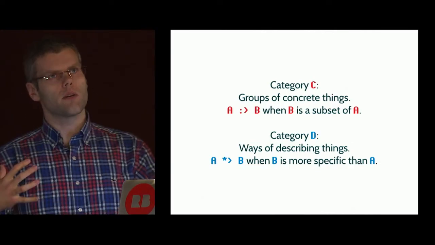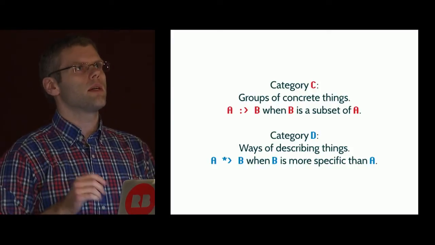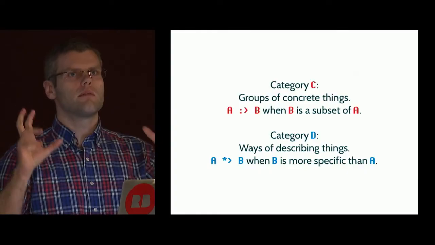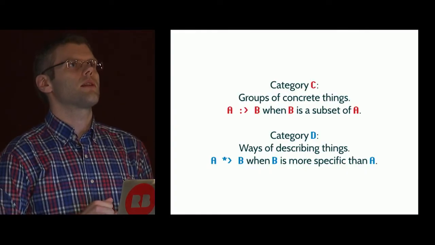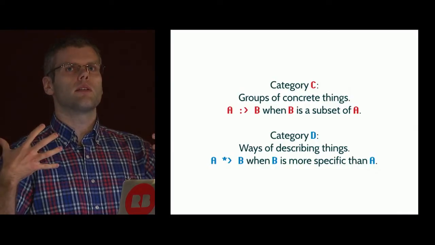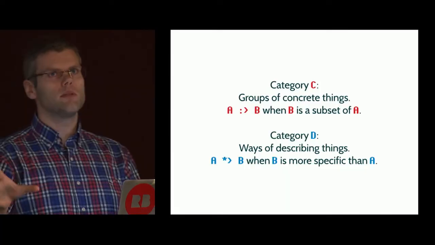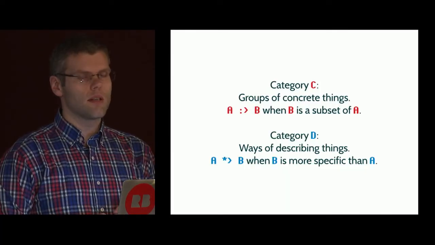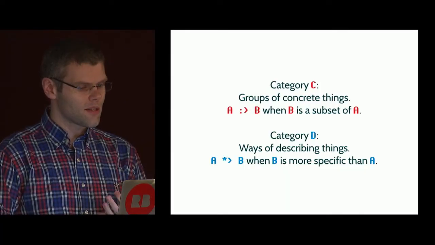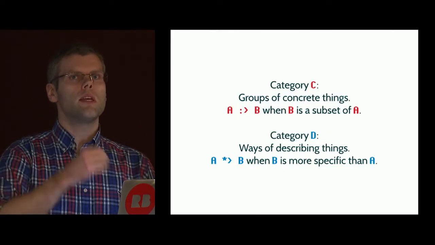And then we have this other category D, which is ways of describing those things. For example, we might say seat or chair, and that would be a way of describing some objects in this room, or people, right? That might be another way of describing some objects in this room. And then we have a partial order for this category as well.